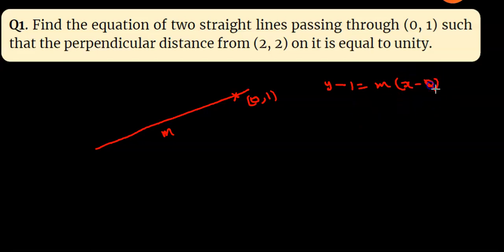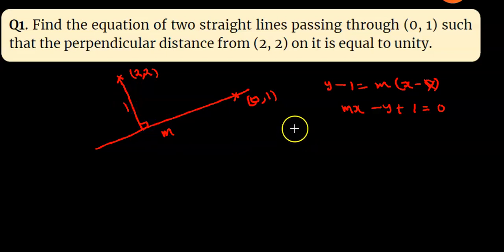You can express this as mx minus y plus 1 equal to 0. This is the general form of a straight line, ax plus by plus c equal to 0. Now we have to draw a perpendicular from the point (2, 2) on this line, and this perpendicular will have its length as 1 unit.